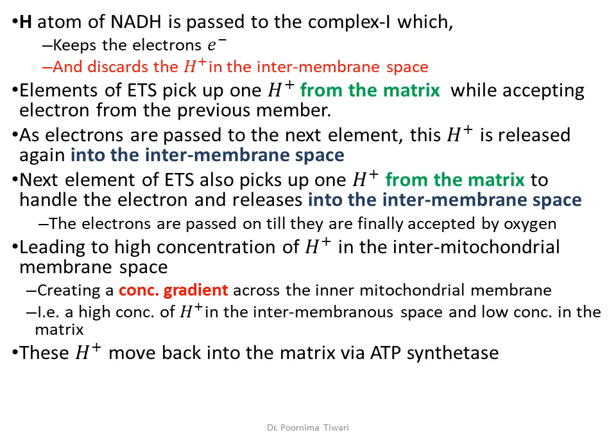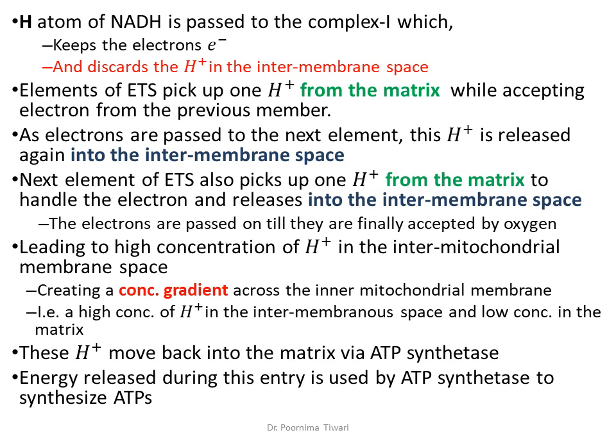So these H ions move back into the matrix via ATP synthetase. Energy released during this entry is utilized by ATP synthetase to synthesize ATPs. This is a story which we will explain further by using animation.